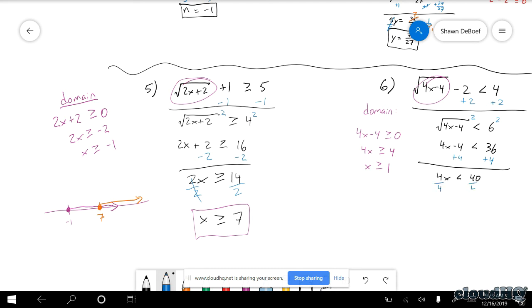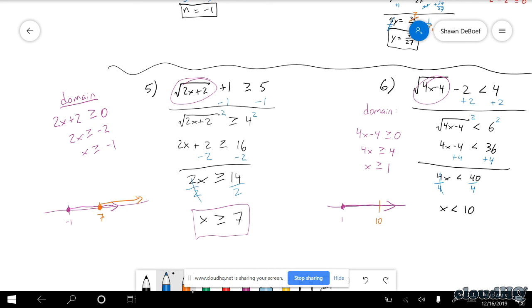Divide by 4. We get x is less than 10. So now we have to compare that with our domain. We previously said x had to be greater than or equal to 1. That's what we knew about x. Now we're saying that our x, the one that actually works in this, has to be less than 10.